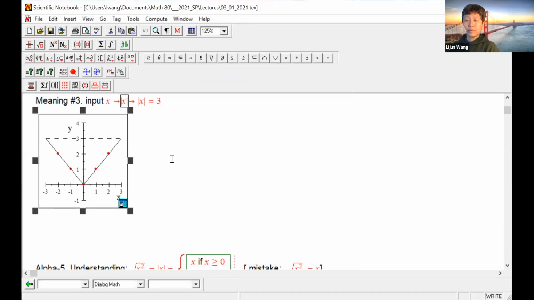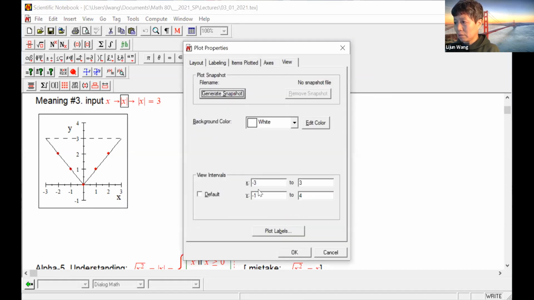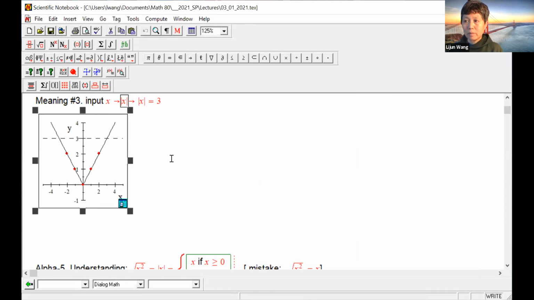Let me make it a little bit longer. The output is 3. Output is a vertical concept.